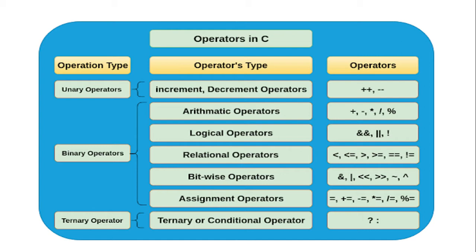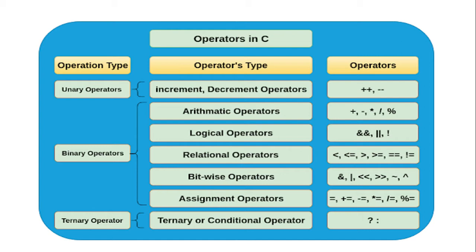So what is an operand, and what is an operator? An operand is a variable or a value. The operator symbols are what you are using in the operator types. For example, for increment I can use the plus operator. That is a symbol.